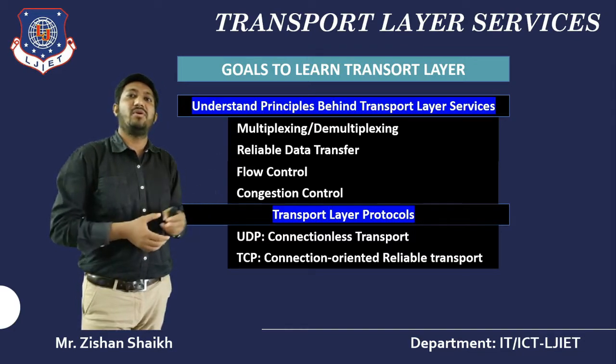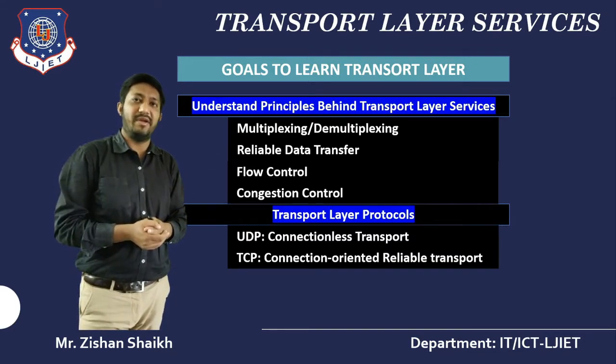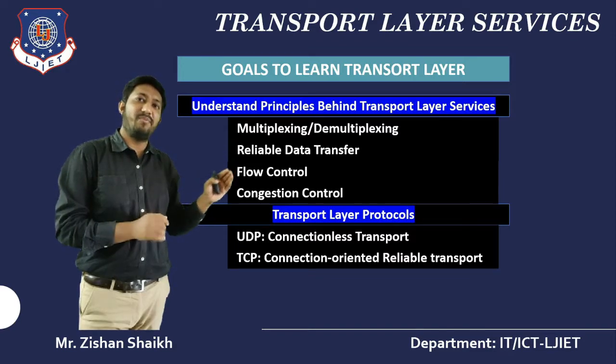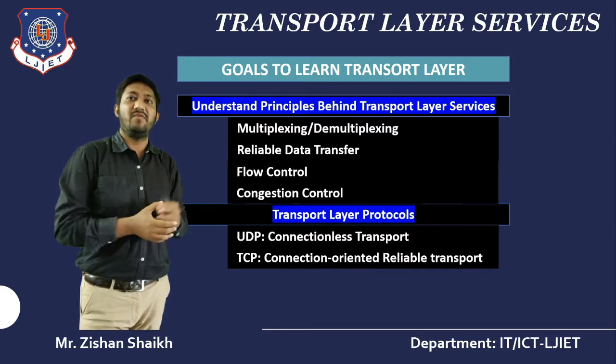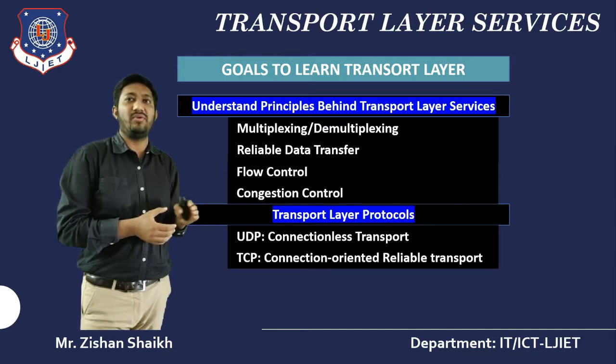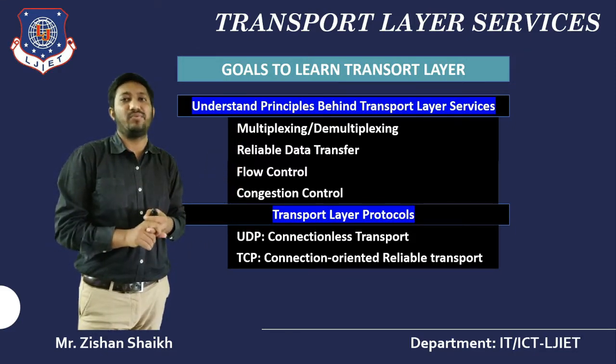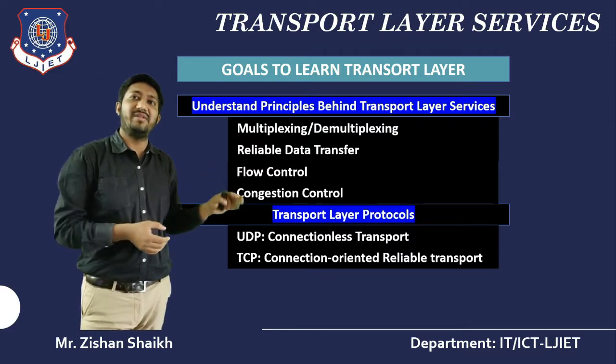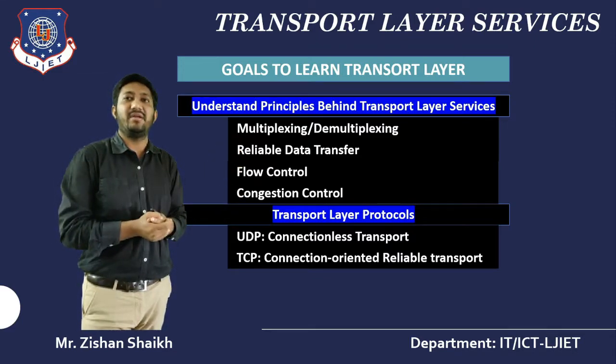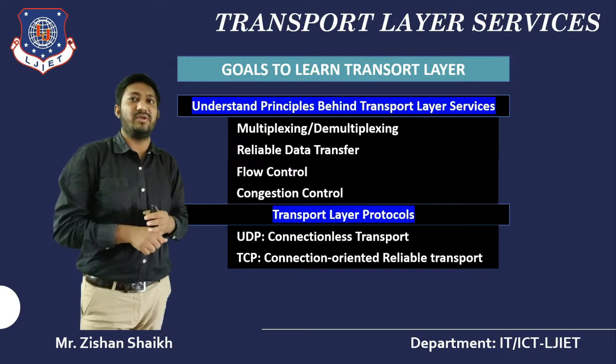The first process is multiplexing and demultiplexing. Then the concepts of reliable data transfer, flow control, and congestion control. So these four characteristics are the identity of our transport layer. We will understand all these characteristics in detail in the later part of this unit.